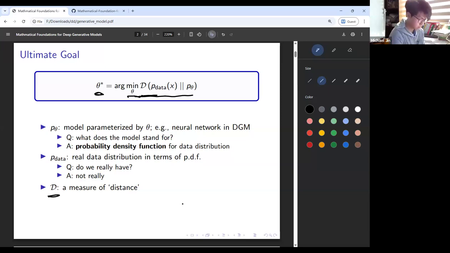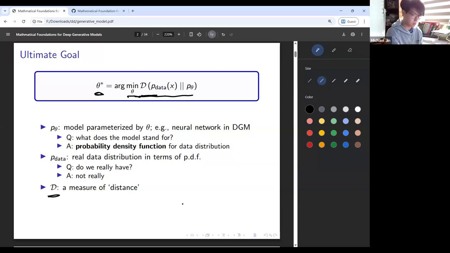For P of theta, you can see it is a model parameterized by theta, and it is a neural network in deep generative models. It is a probability density function for the model distribution. And P data is the real data distribution in terms of a probability density function, or PDF.